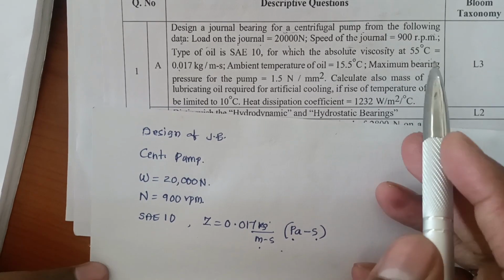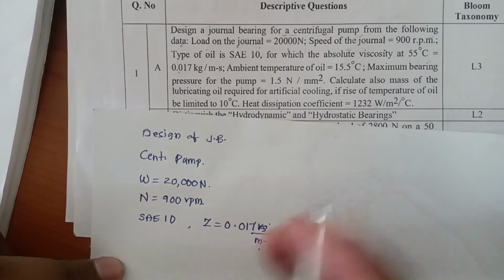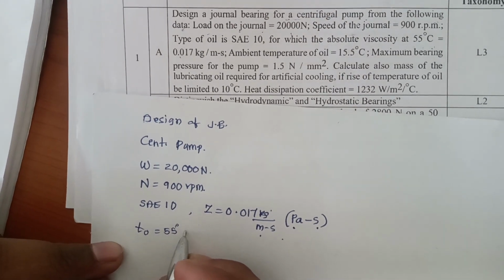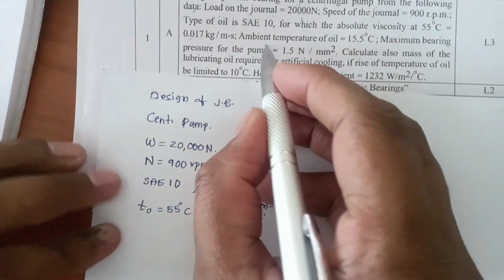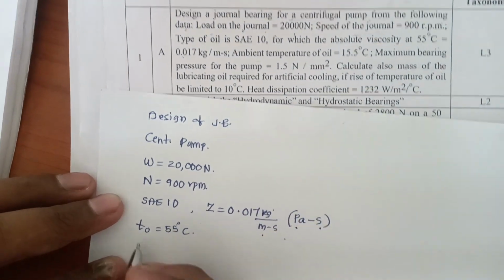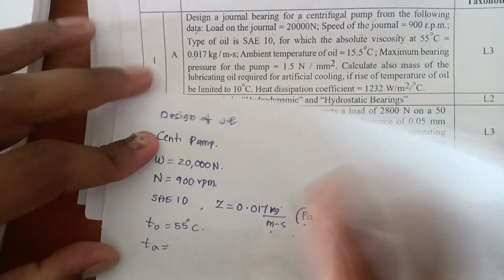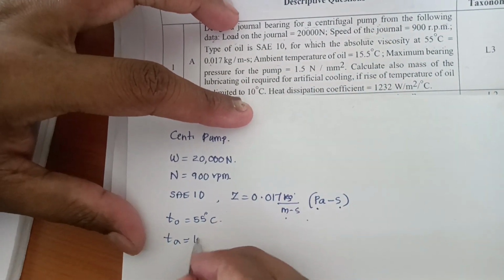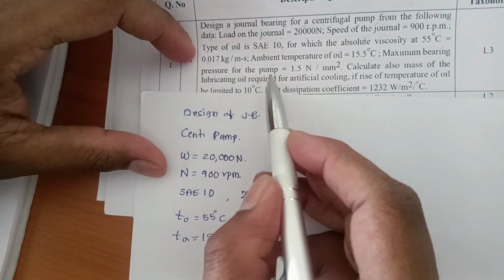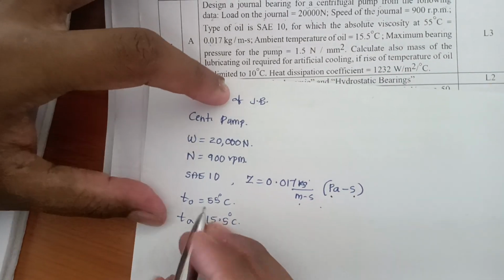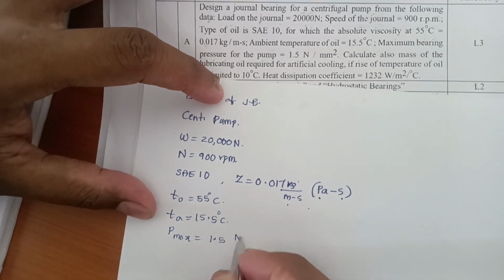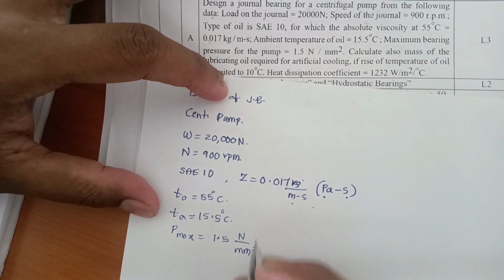And the ambient temperature of oil, that is ambient TA, is 15.5 degrees centigrade. The maximum bearing pressure for the pump, P max, is equal to 1.5 Newton per mm square.